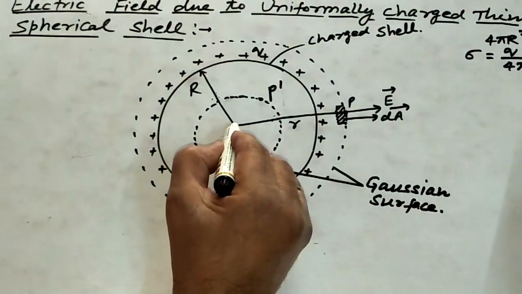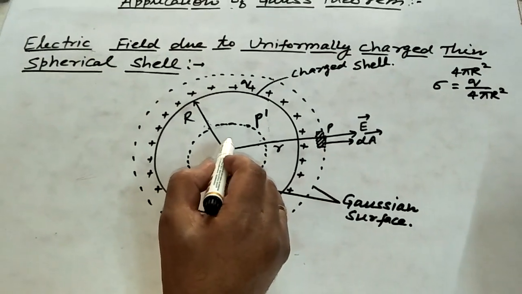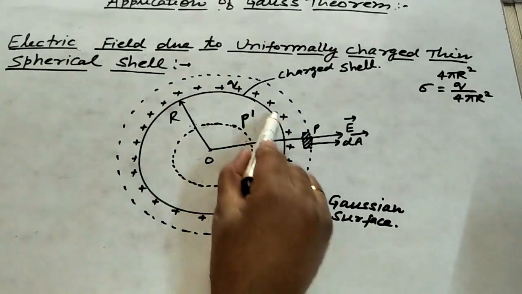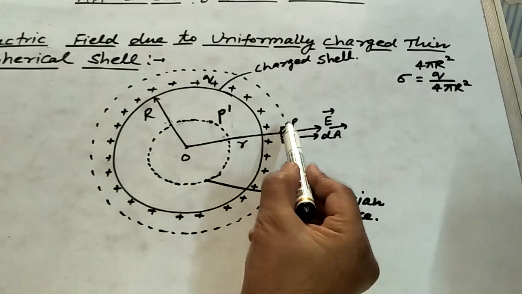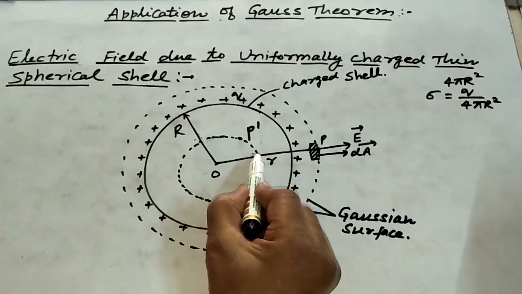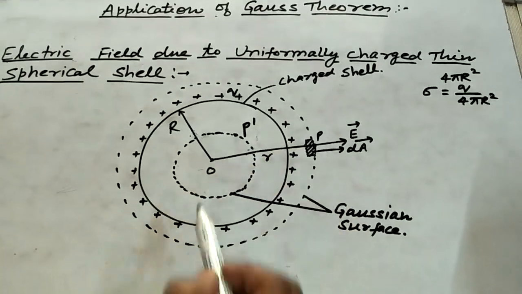Dear student, our aim is to find the electric field intensity due to this charged spherical cell at any point outside the cell, at any point inside the cell, and finally on the surface of the cell.